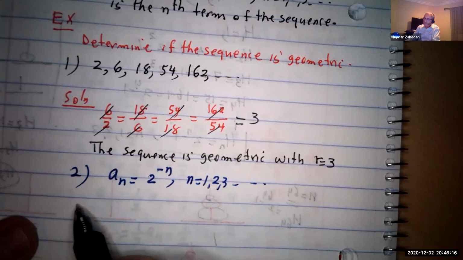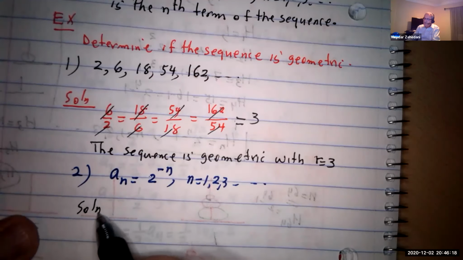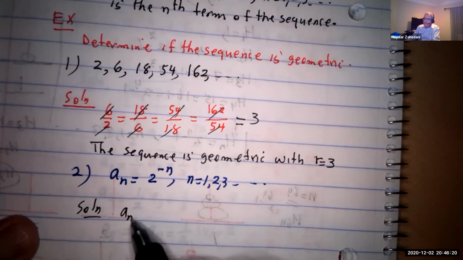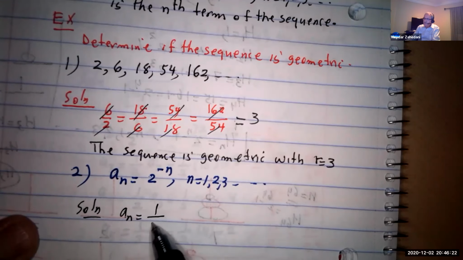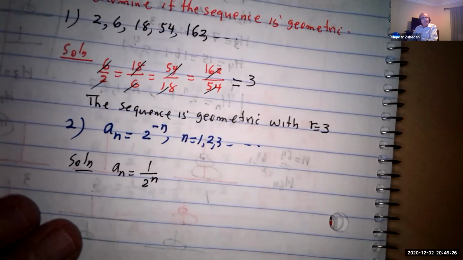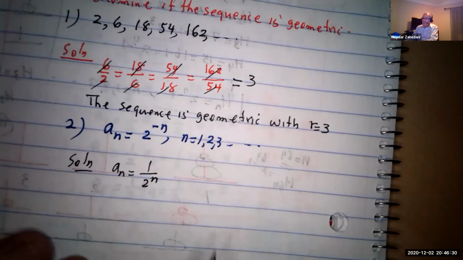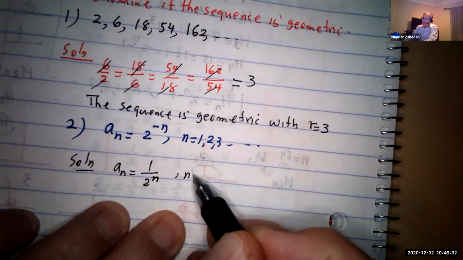So the solution is, you better rewrite it. a_n is like (1/2) to the n. That gives you a better understanding to find it quickly.